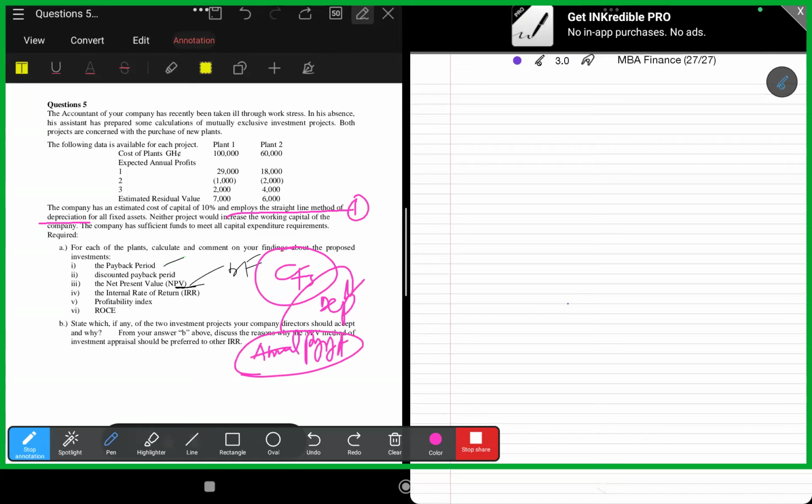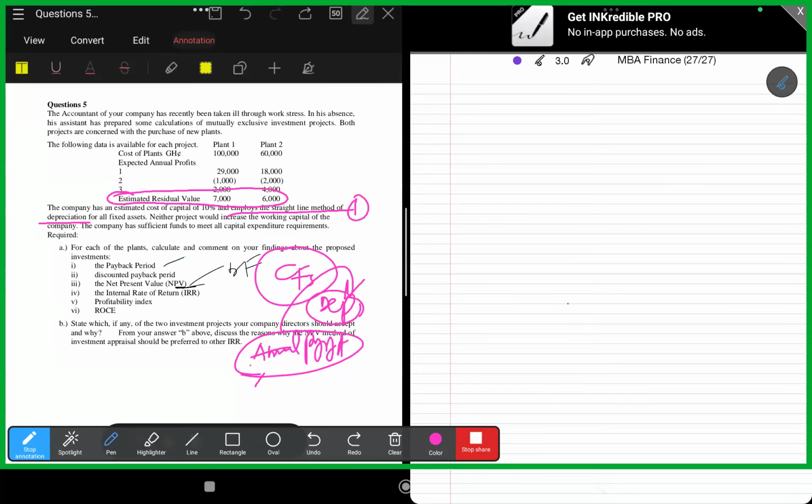So in some questions, like here, it's explicitly stated that there should be depreciation because of annual profits. Some questions also will not make mention of depreciation, though it's annual profits, but it will give you the estimated residual value.